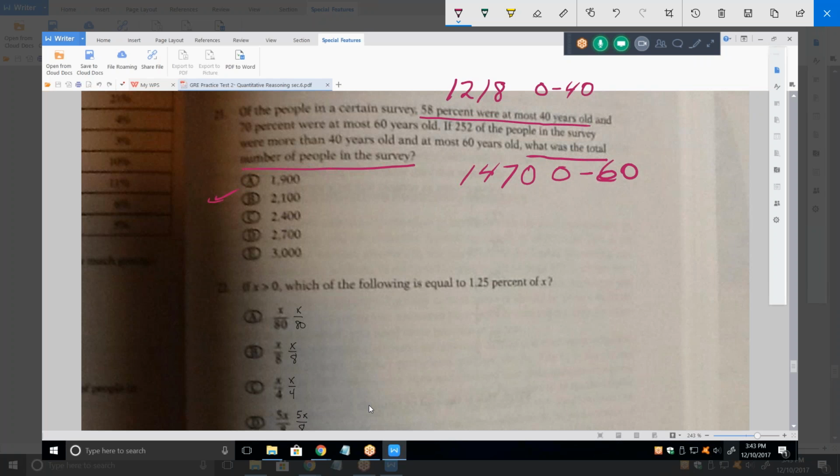We got 1,218 people that are 0 to 40, and we got 1,470 people that are 0 to 60.